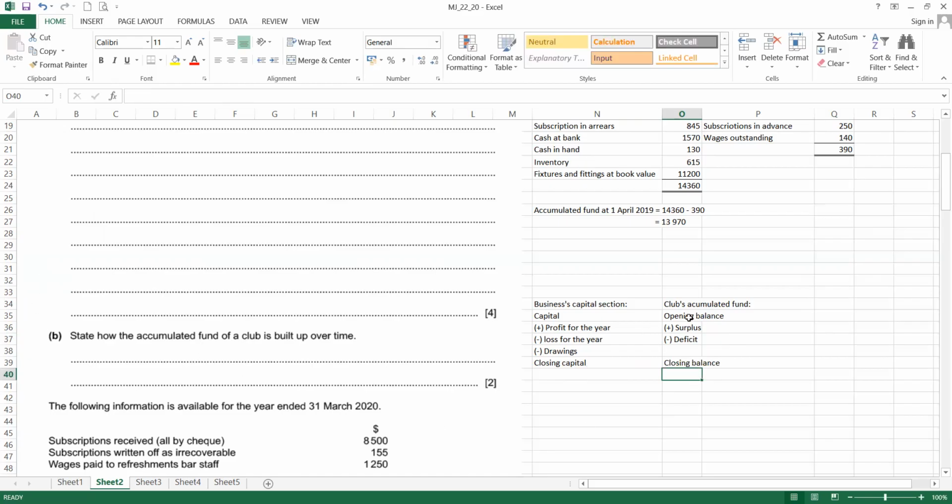So how do we build this accumulated fund? We don't have capital. One of the ways is the surplus through the year. Every year you accumulate when you have a surplus.